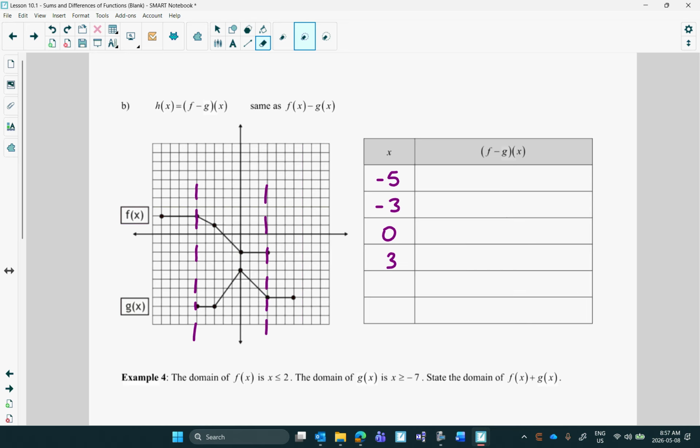So the y at f of x when x is -5 is 2 minus whatever the y value at g of x is, -8. So it's 2 minus -8, which gives us 10. At -3, 1 minus -8 again gives us 9.